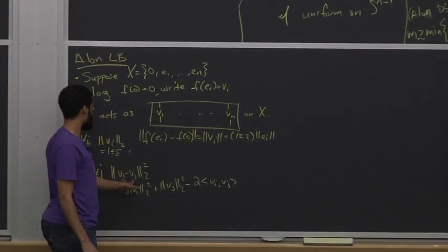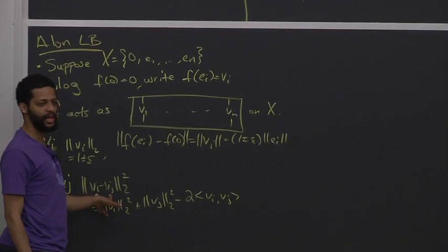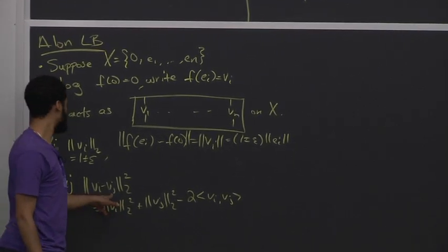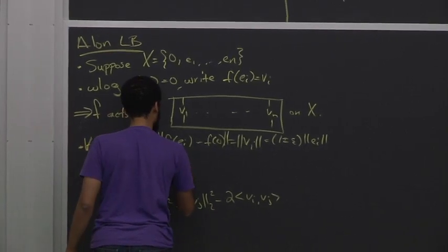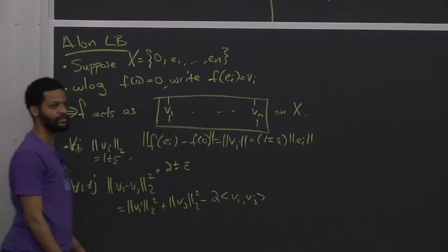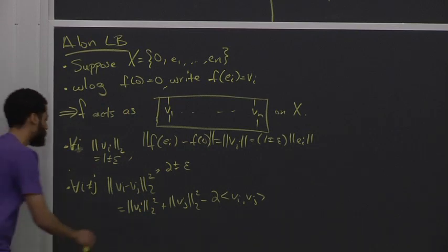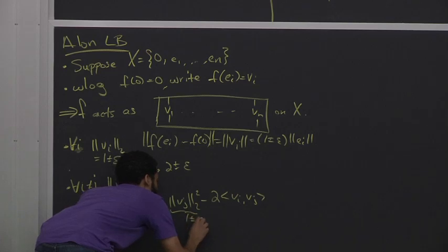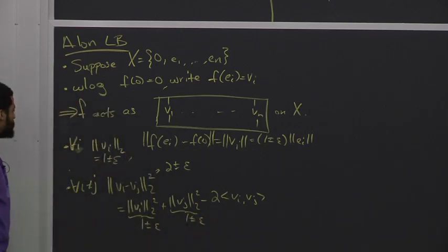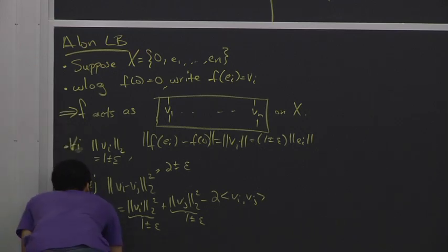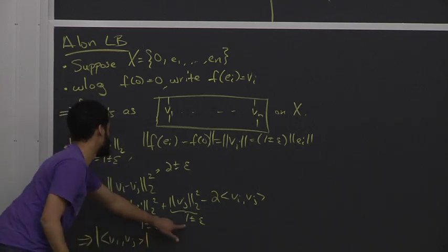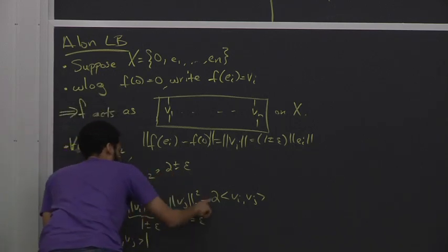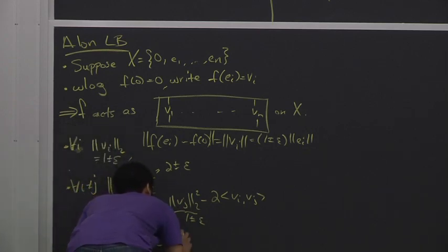But vi minus vj should have roughly the same norm as ei minus ej. That's the JL guarantee. So this right here is 2 plus or minus epsilon. This right here is 1 plus or minus epsilon. This right here is 1 plus or minus epsilon. So that implies that the dot product vi dot vj, if you move things around, cancel this 1 plus 1 with that 2, and divide by 2, is O of epsilon.